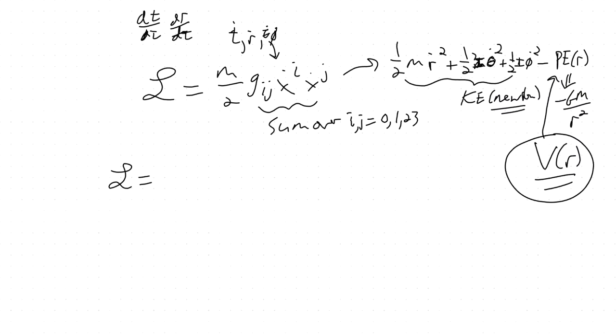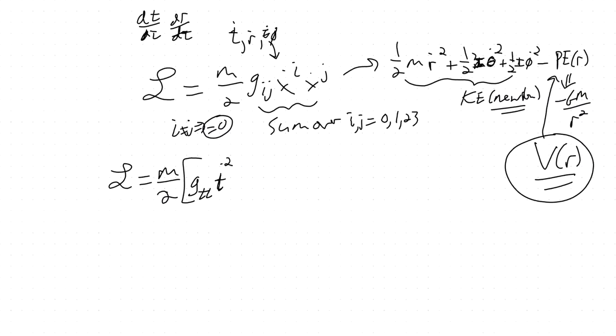Cool. So L would be m over 2, and there's your 1/2 m and your 1/2 mv squared, times g_tt t dot squared, because only when i equals j; when i does not equal j, everything equals 0, because there are no off-diagonal terms in the metric. So g_tt works.